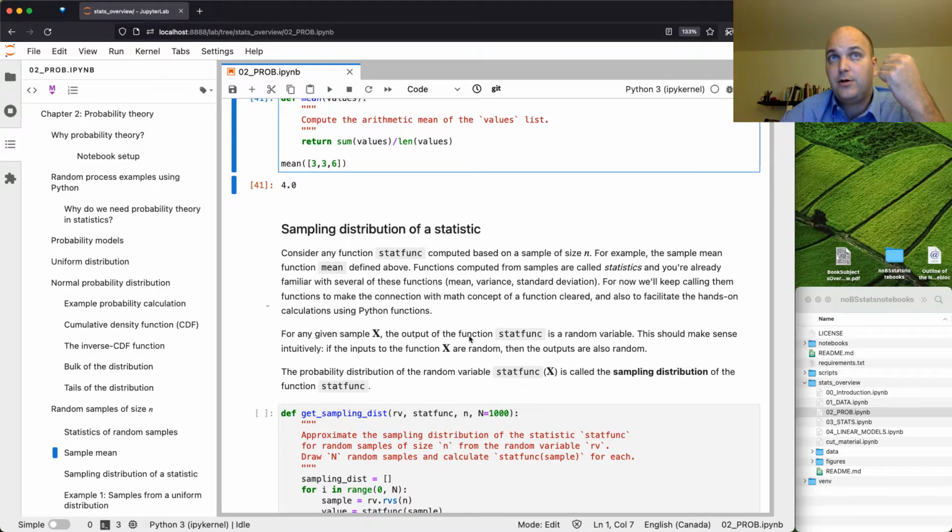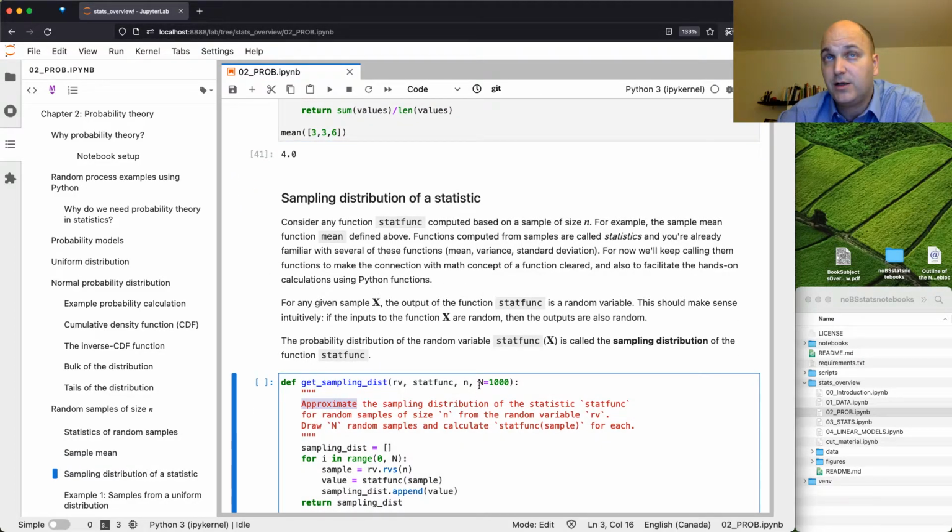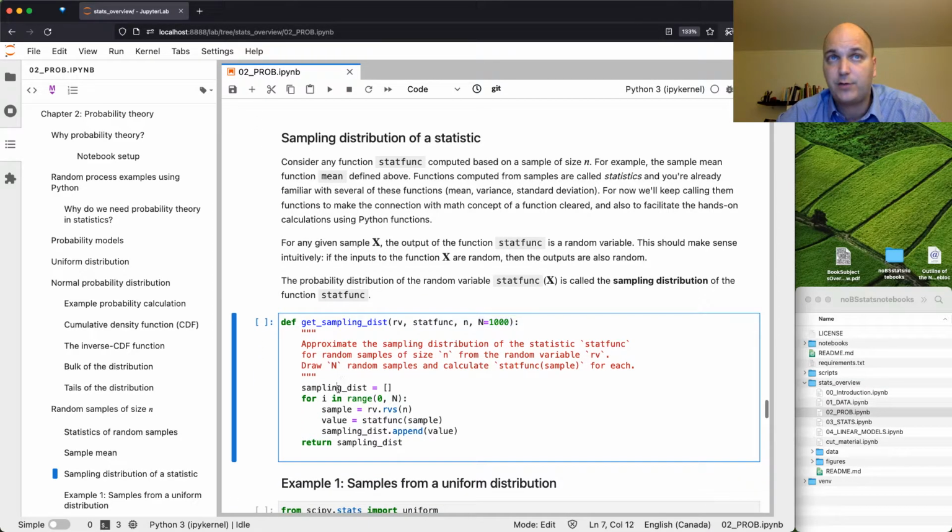Capital X is not one sample, but an infinite number of samples. We can approximate the sampling distribution by drawing 1,000 samples, or 10,000, or some finite number, just enough to get a distribution. Okay, so how we're going to build the sampling distribution is draw a sample, and it depends on the size of the sample.